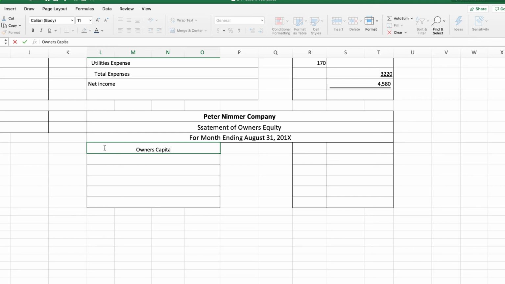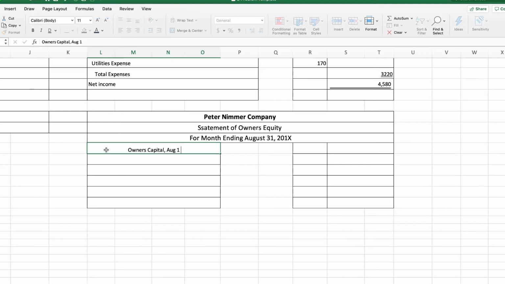So I'm going to say owner's capital, and I'm going to say August 1st. Okay, now we know what the beginning owner's capital is. Okay, there's two places we can find it. Number one, we can go back to the problem, and it tells us Peter Nimmer operated a veterinarian business in Nashville, Tennessee on August 1st, 2017.